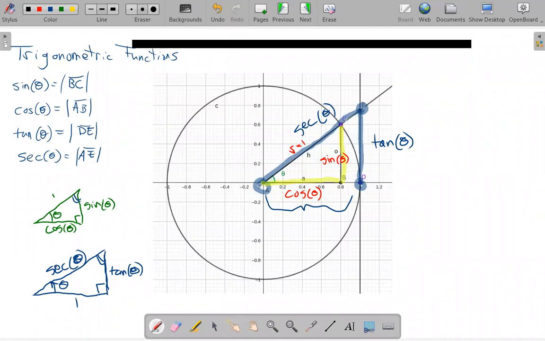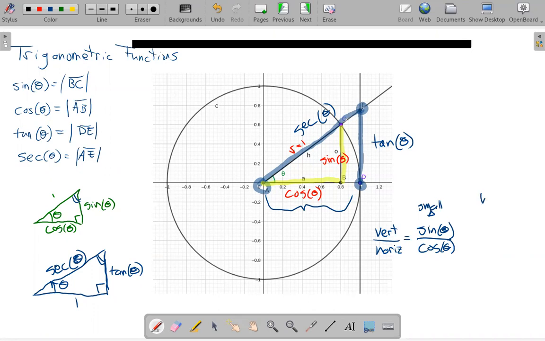So for example, on this green triangle here, if I consider the ratio of the vertical component of that triangle to the horizontal component of that triangle, you would say that ratio is the sine of theta divided by the cosine of theta. So that would be on the smaller triangle.